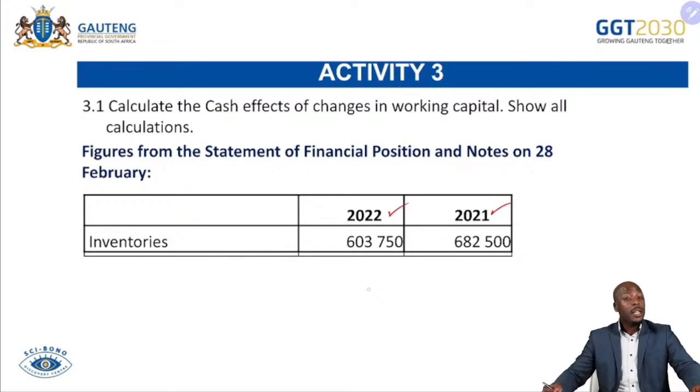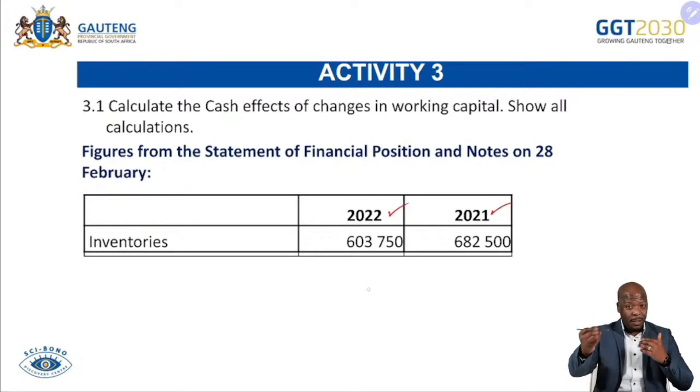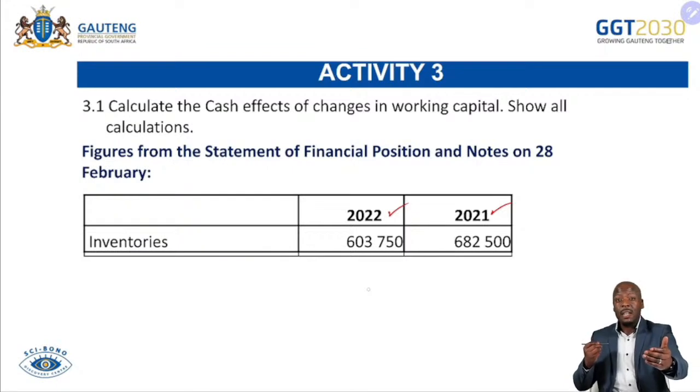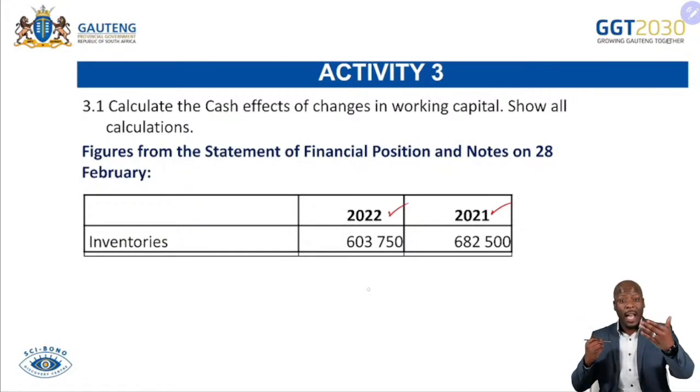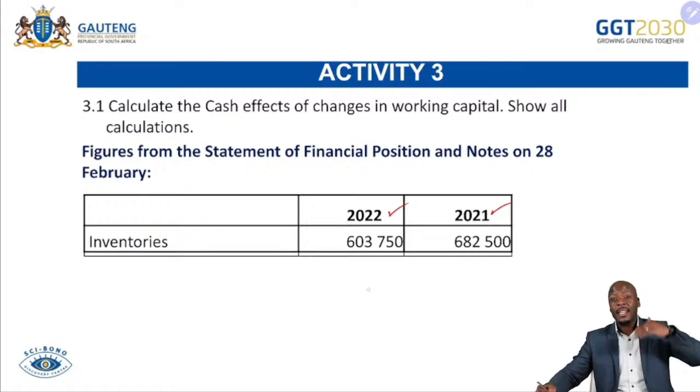Now, there has to be a relationship between inventory and cash, and the relationship is that they move in opposite directions. The moment inventory is coming into the business, cash is going out. The moment cash is coming into the business, inventory is going out. I want you to get that. So when your inventory is increasing, it becomes a cash outflow. But when your inventory is decreasing, it becomes a cash inflow.